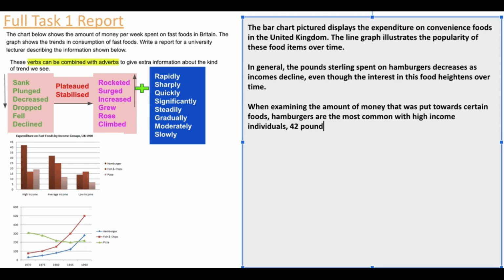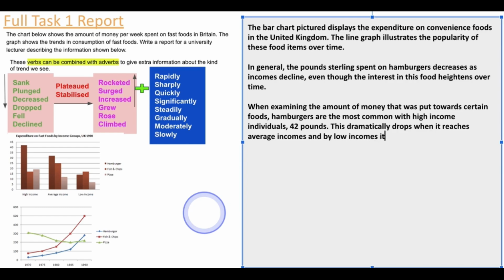Let's say £42. This dramatically, we've used decrease, drops when it reaches average incomes, and by low incomes it is, oh, let's check our tense.